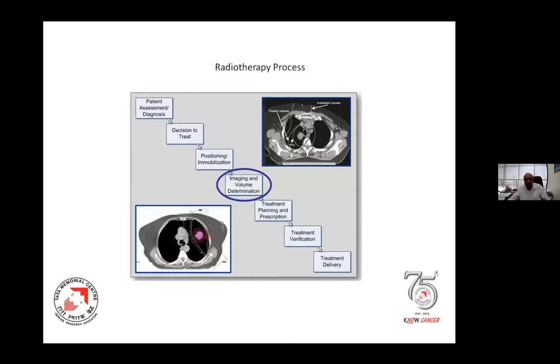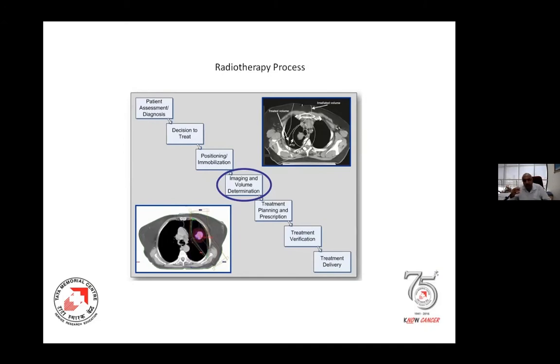So as we understand, radiotherapy is a process like a garland, so each moti, or each bead, is important, or each flower is important. And it has to be in a very, very systematic fashion. You as a physician see a patient and find out the extent of the disease.